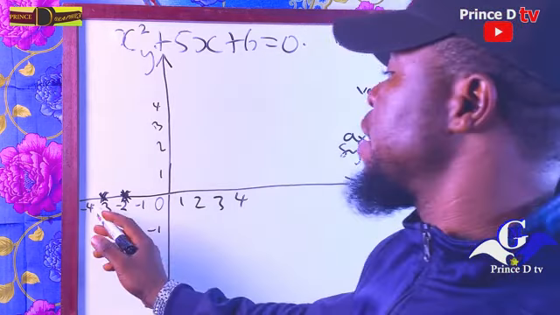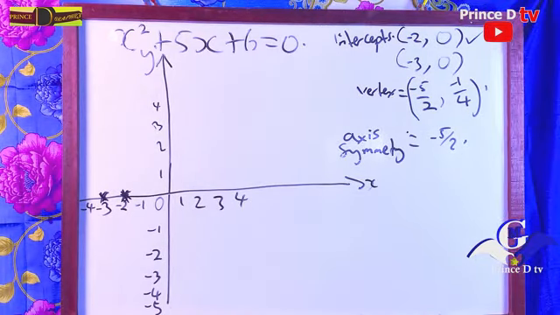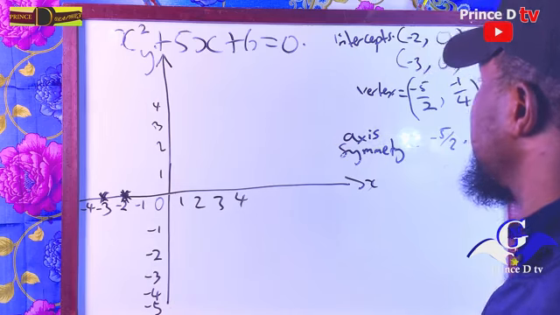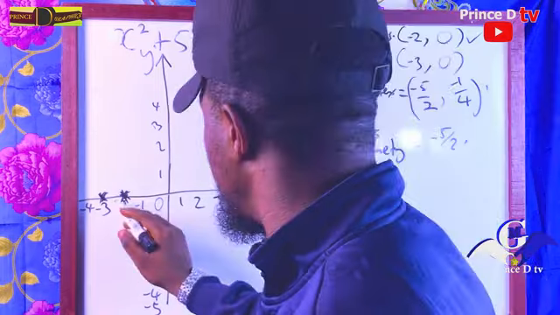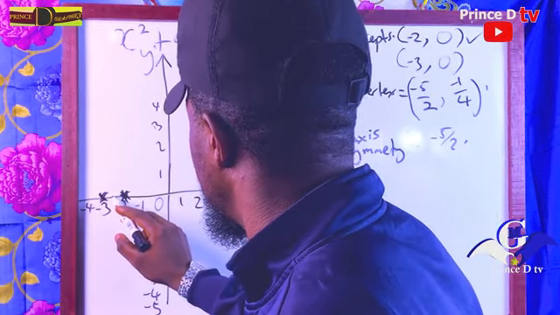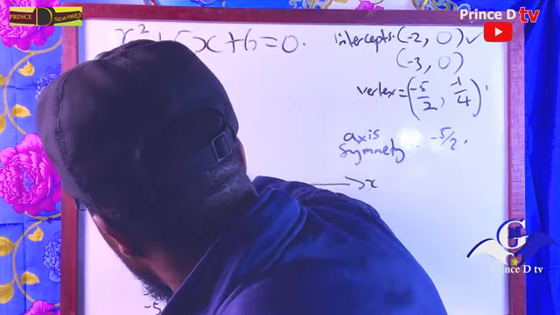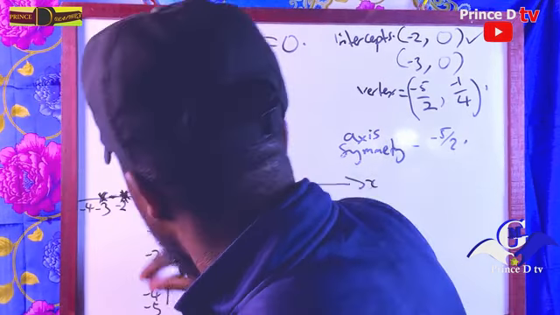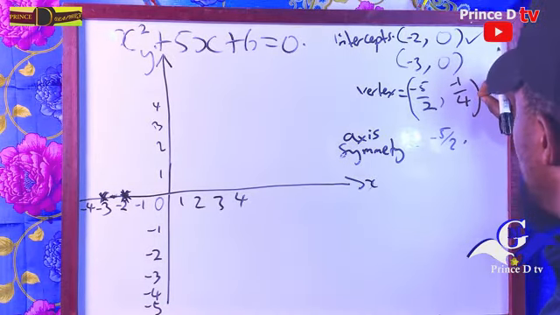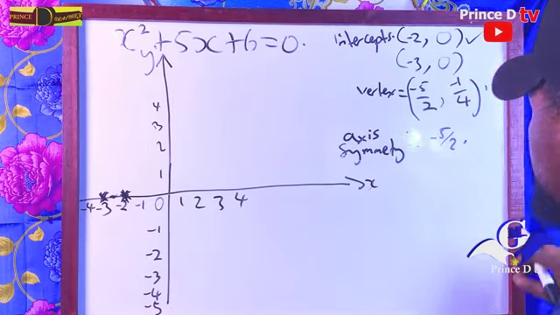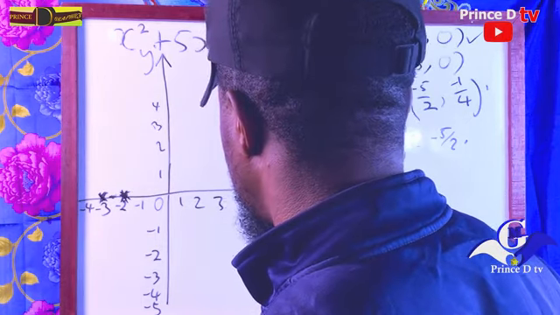That should be around minus 2.5, somewhere here, between negative 3 and negative 2. That's not the exact point, just showing you. And for the y, we have negative 1 over 4, which is negative 0.25.